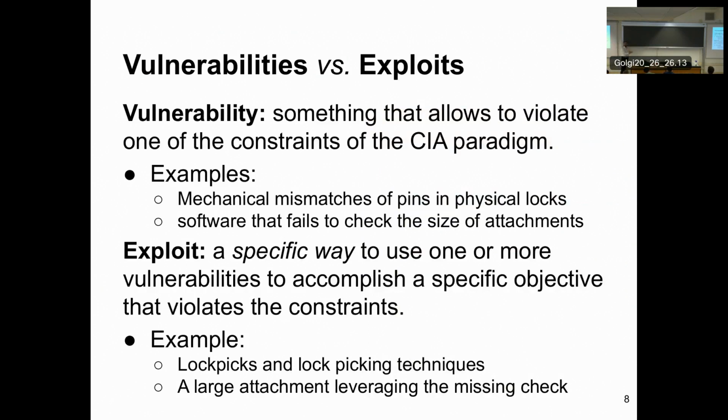It's nothing by itself. It sits there. An exploit, instead, is a technique, any algorithmic procedure if you want, which takes advantage of the vulnerability and achieves the violation. So this is the flaw, and this is the tool you use to exploit the flaw.